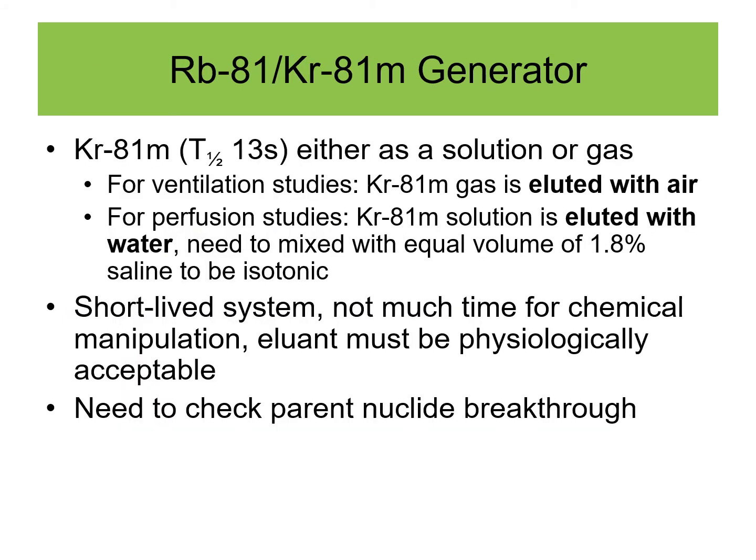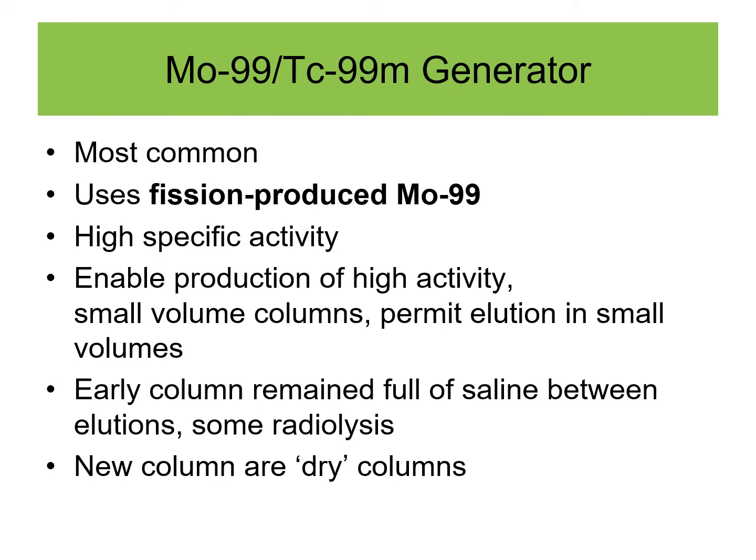And for the rubidium-81, krypton-81m generator, you have the product nuclide, or the daughter radionuclide. Here is krypton-81m, which has a very short half-life of 13 seconds. In gas form, it can be used for studying the ventilation system. And this is the most commonly used generator system in nuclear medicine centers, the molybdenum-Tc-99m generator. It uses fission-produced molybdenum-99.